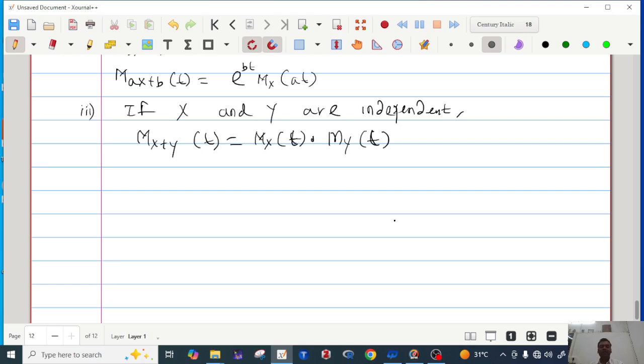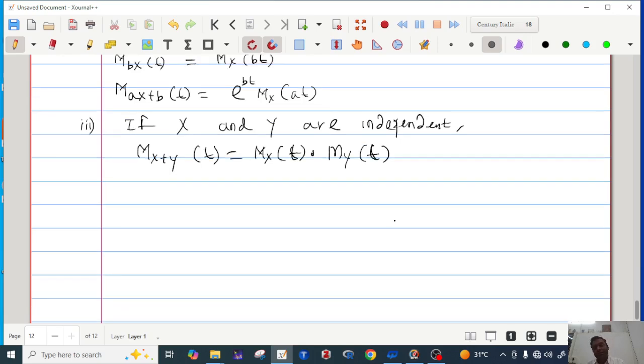Very important property, and we use it wherever it is asked to check the additive property of distributions. To prove the additive property for distributions, we use this property of MGF.